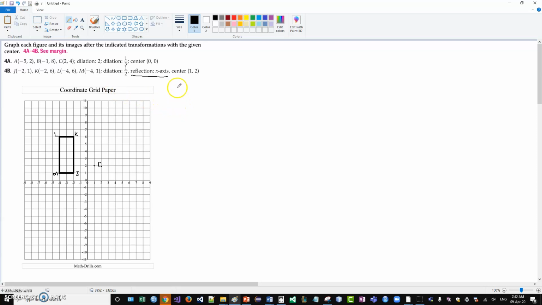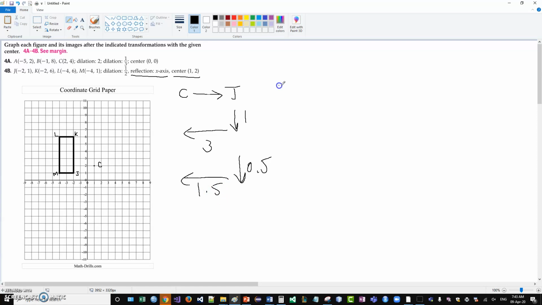Because the center is not the origin this time, we do it differently, as you might remember. From center C to J, how do we go? We go down 1 and then left 3.